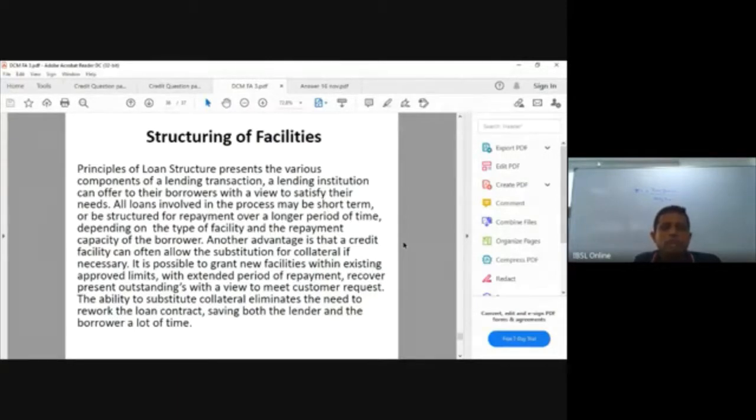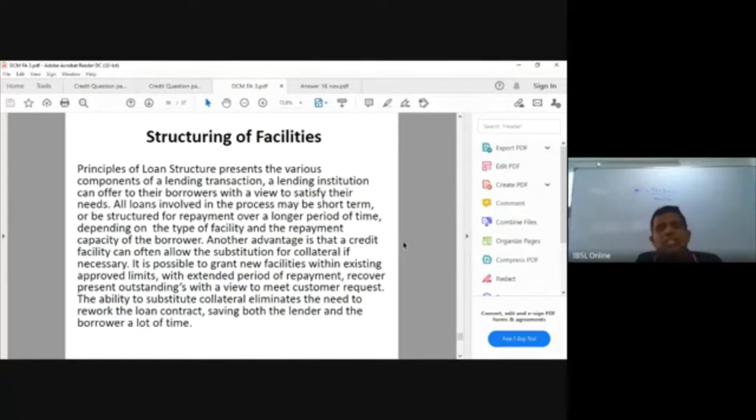It is possible to grant new facilities within the existing approved limit with an extended period of repayment, to recover the present outstanding, with a view to meeting customer requests. The ability to substitute collateral eliminates the need to rework the loan contract, saving both the lender's and the borrower's time.